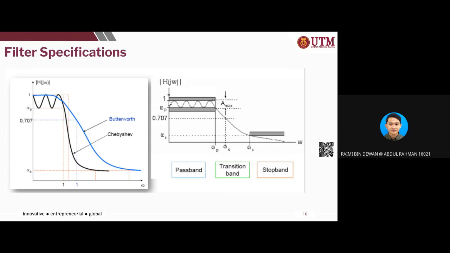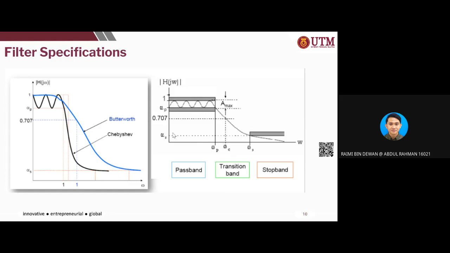There is a difference between the maximum and this value, which is the pass band gain value. So here the difference is actually the A maximum. The A maximum is taken at this omega C, the cutoff frequency.